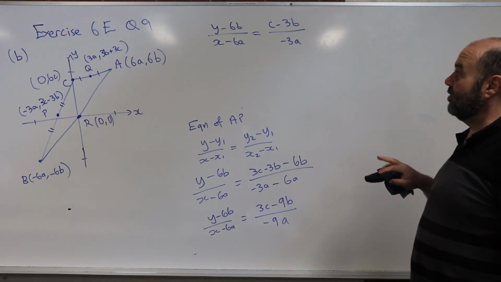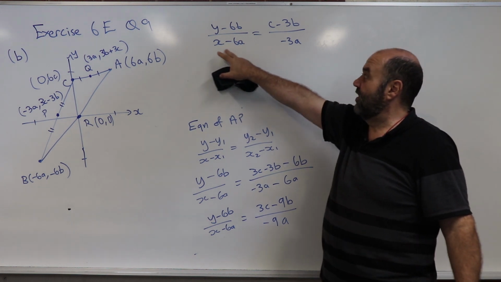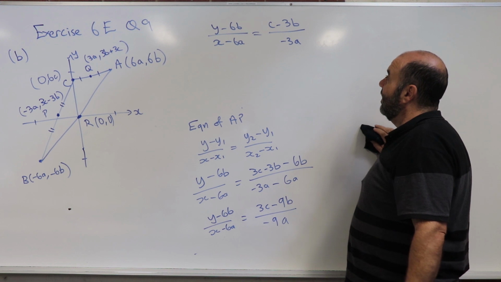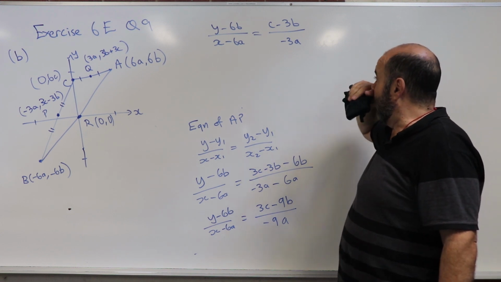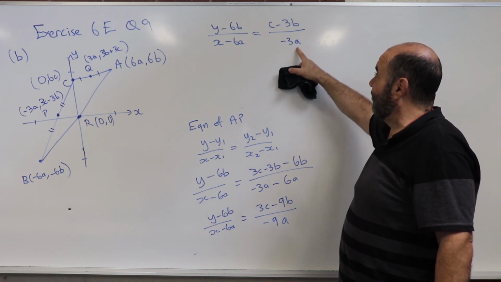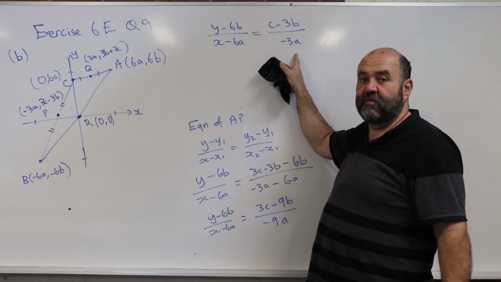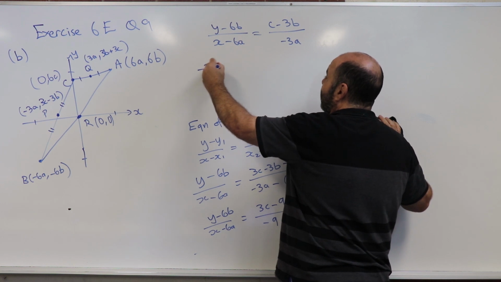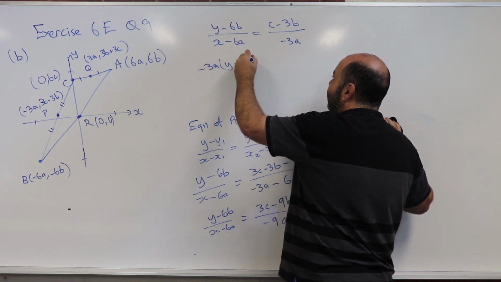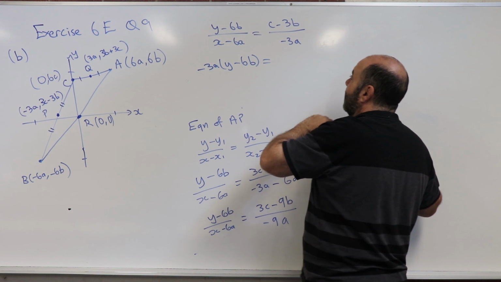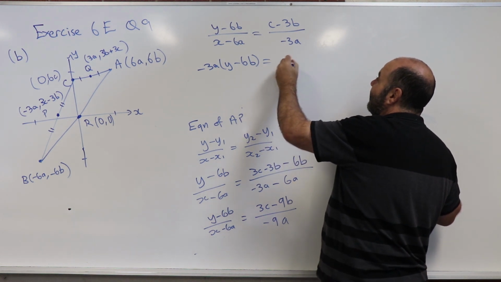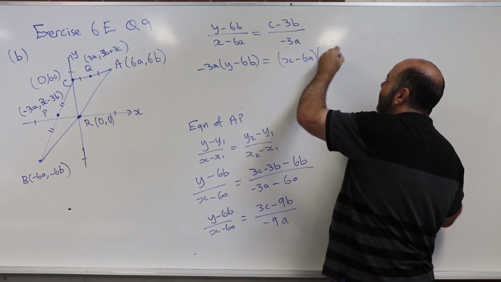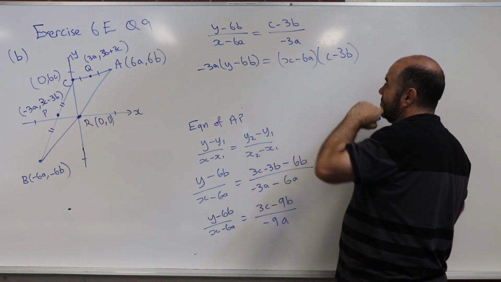So now I'm just going to multiply my x minus 6a, my denominator from here across. And while I'm at it, I'm going to multiply my negative 3a, my denominator from the right-hand side, across to the left-hand side. So I've got negative 3a outside of y minus 6b equals x minus 6a outside of c minus 3b.